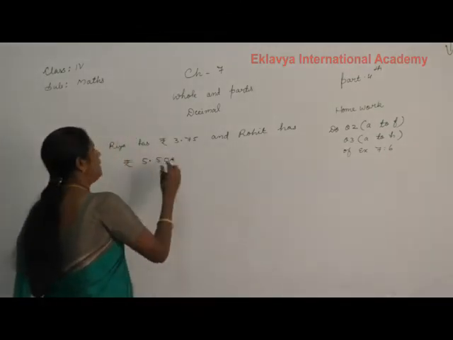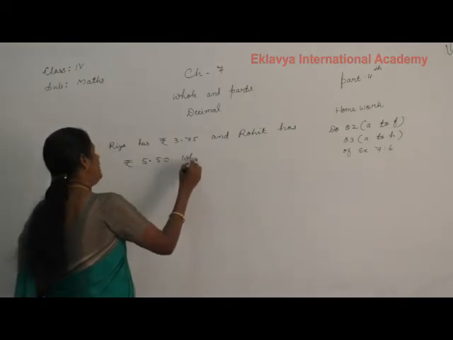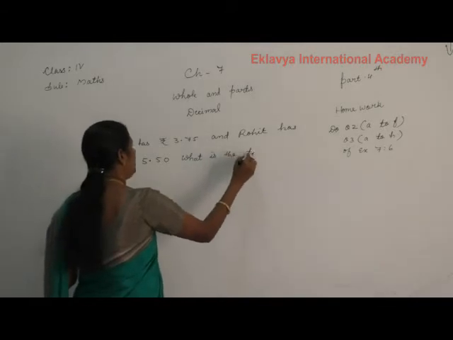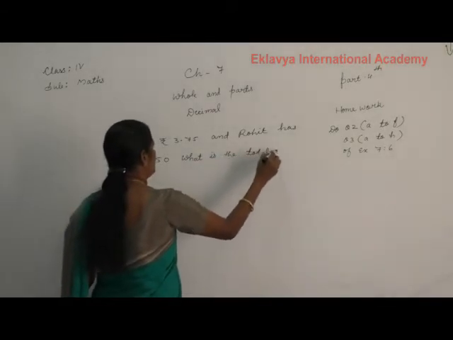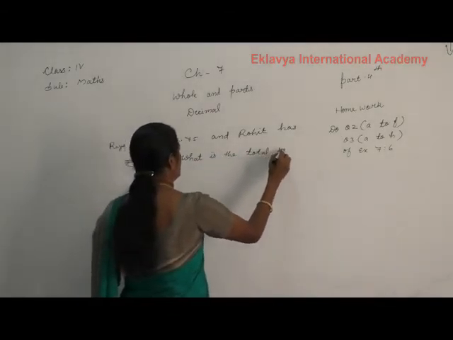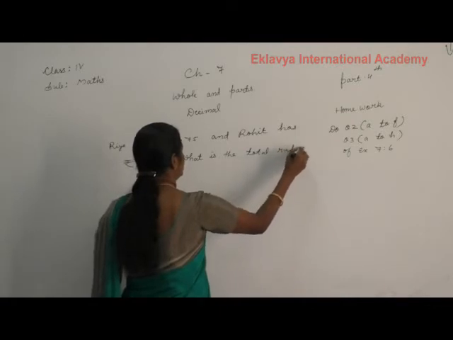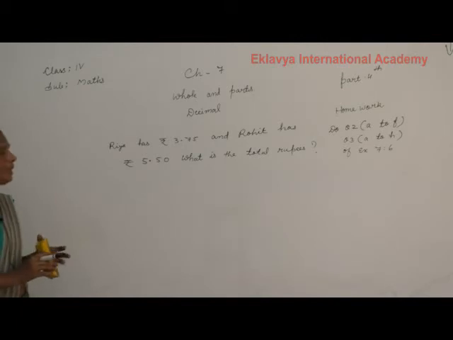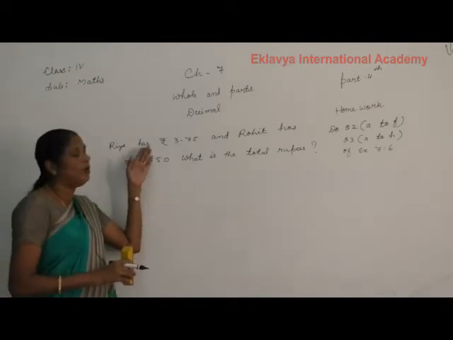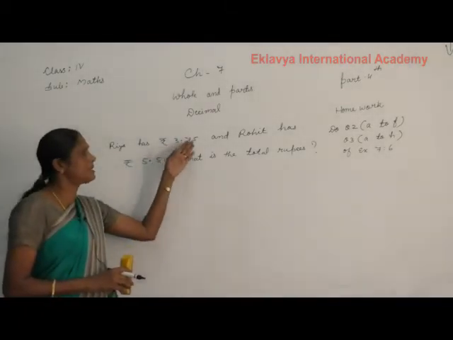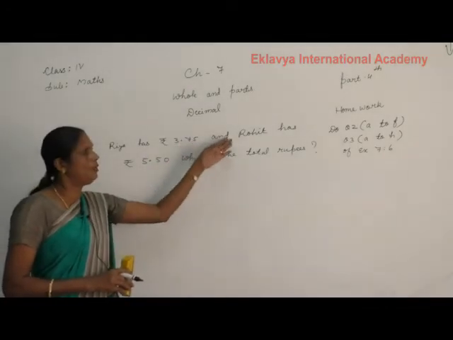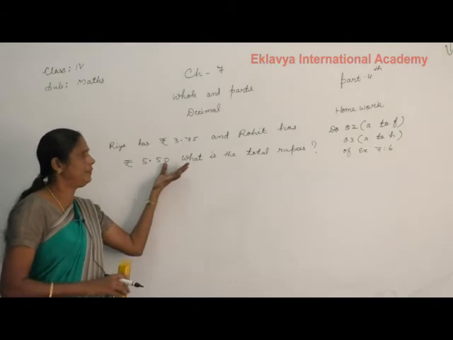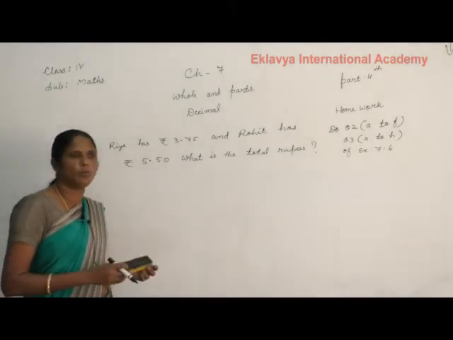What is the total rupees? Here, Riya has rupees 3.75 and Rohit has rupees 5.50. What is the total rupees of both of them?